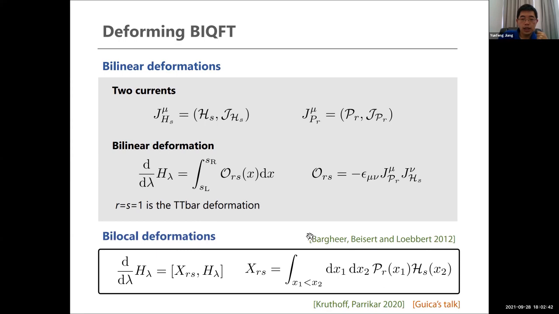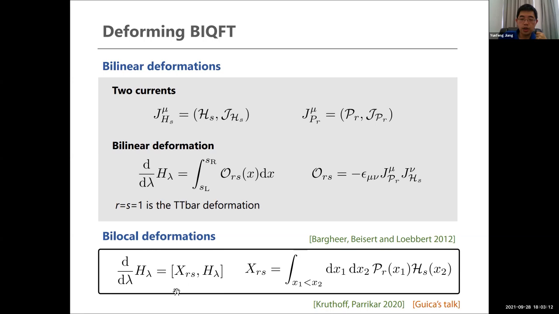To study the deformed S matrix, it is convenient to introduce another deformation, which is almost equivalent to the bilinear deformation. This is called the bilocal deformation. The definition is as follows. In the Lagrangian formalism, the deformation is defined on the right-hand side by a commutator of some operator X with the Hamiltonian itself.